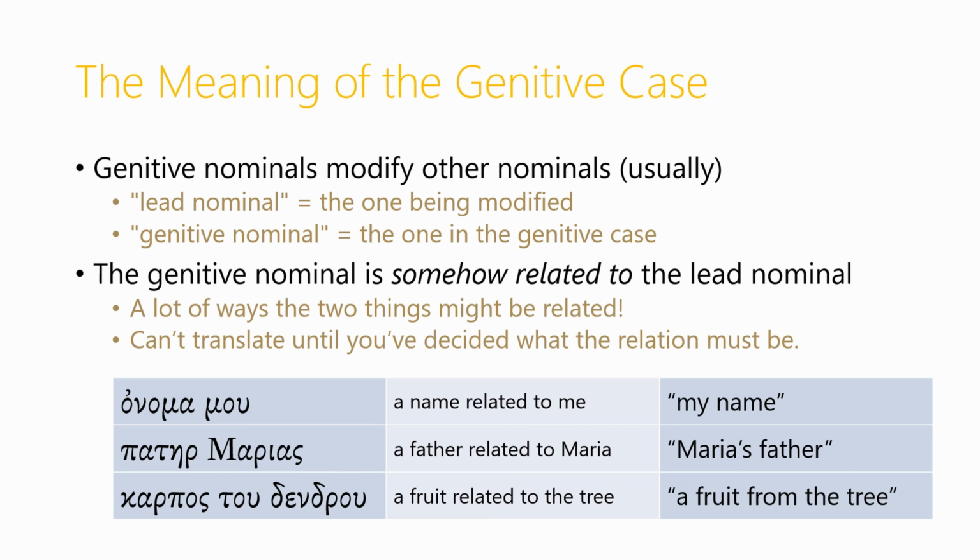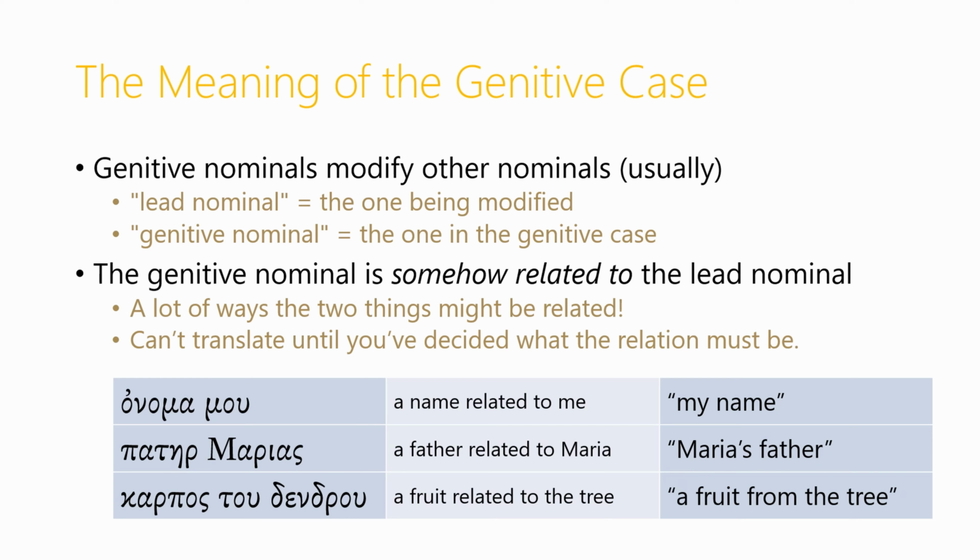And what the genitive case tells us is that the genitive nominal is somehow related to the lead nominal, but there are a lot of ways the two things might be related. And we can't translate or even really interpret a genitive phrase until we've decided what the relationship must be.